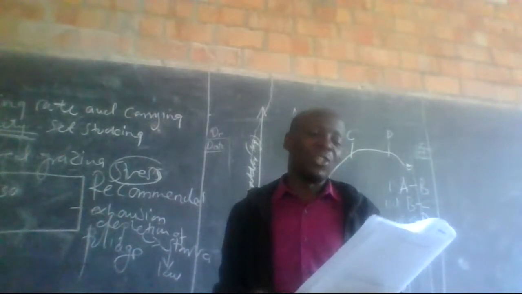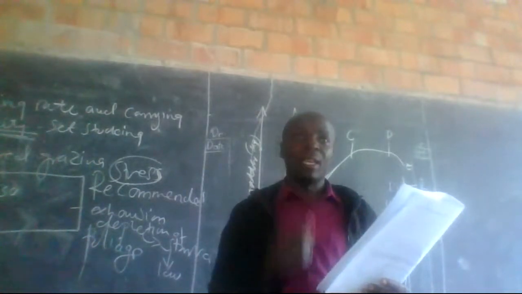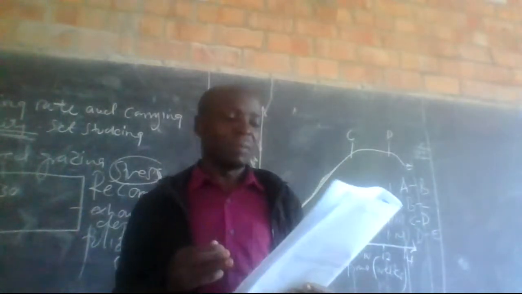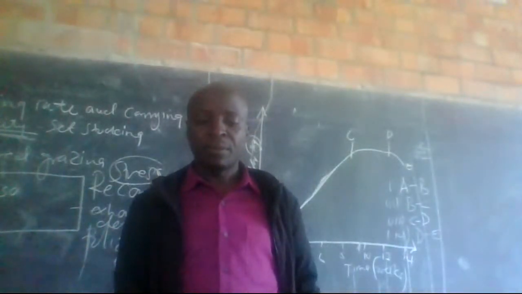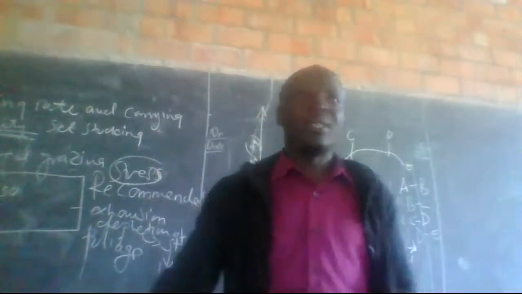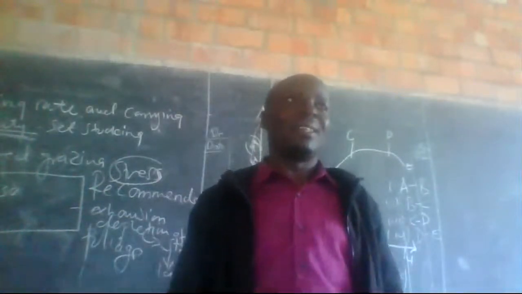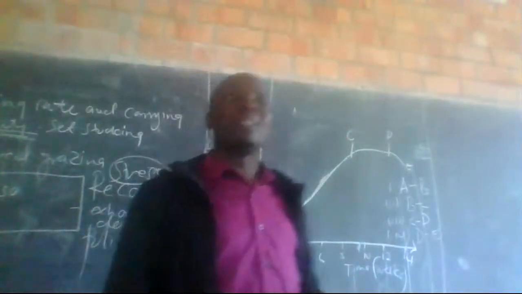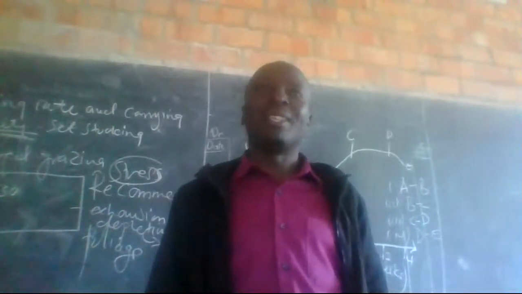State 4 physiological events that occur between A and B. So what are these events between A and B? The graph is decreasing rapidly.